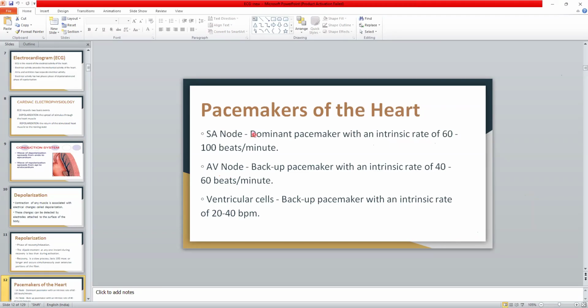The SA node is known as the dominant pacemaker with an intrinsic rate of 60 to 100 beats per minute. The AV node is the next backup pacemaker with an intrinsic rate of 40 to 60 beats per minute. Even the ventricular cells can generate electrical signals with an intrinsic rate of 20 to 40 beats per minute.